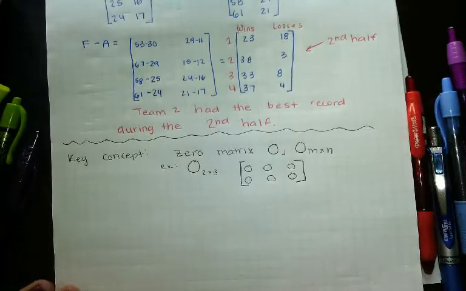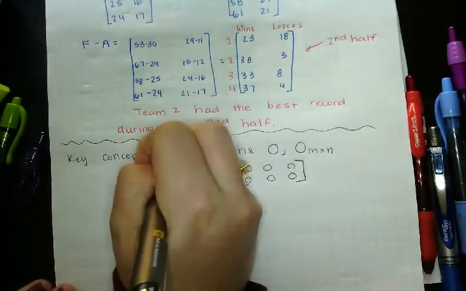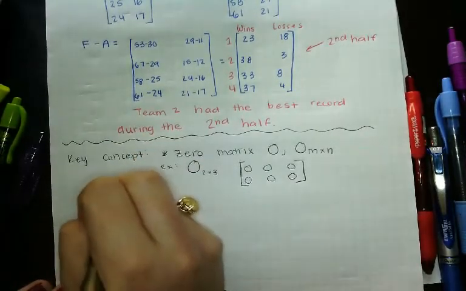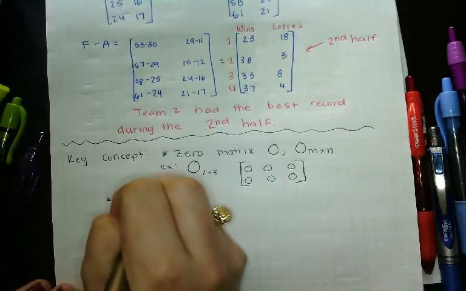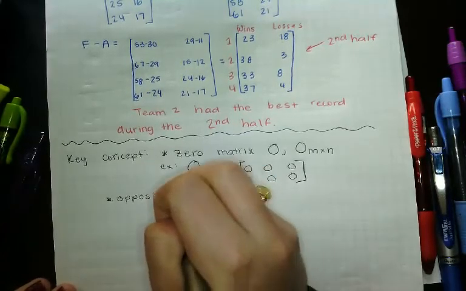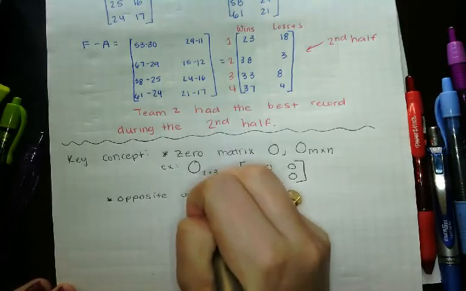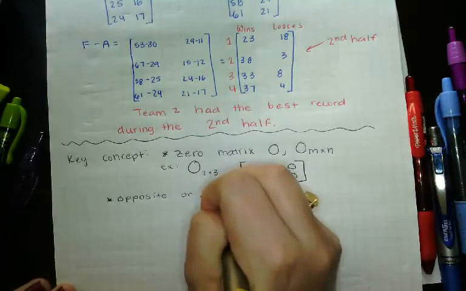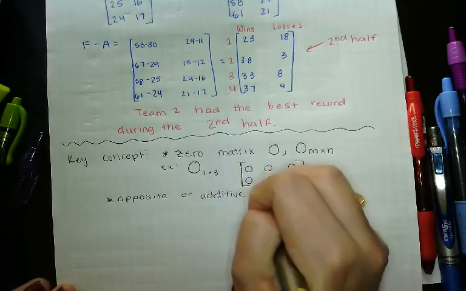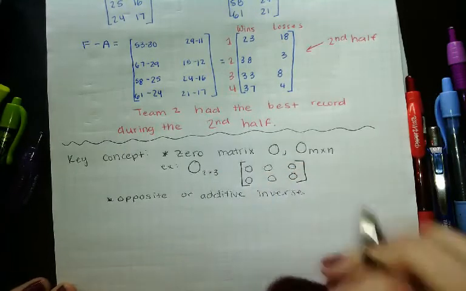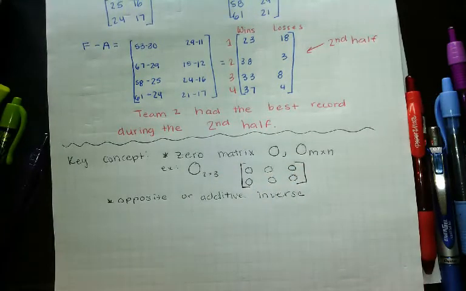Okay, we also have an opposite, or we can call it an additive inverse, where each element is just the opposite. So if that was positive, then it turns negative. If it was negative, then it turns positive.